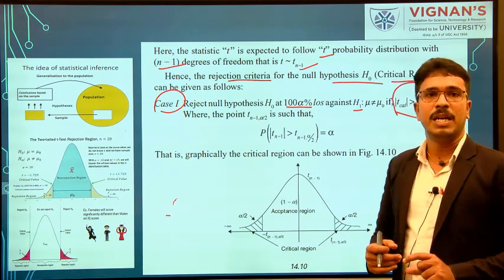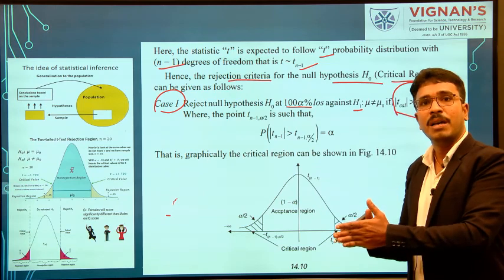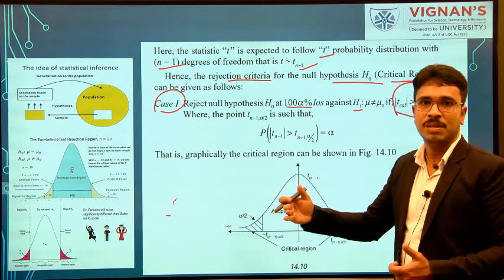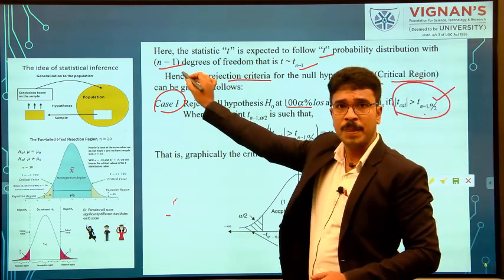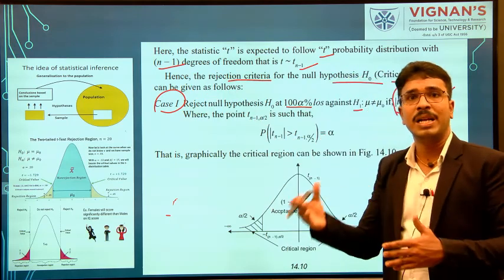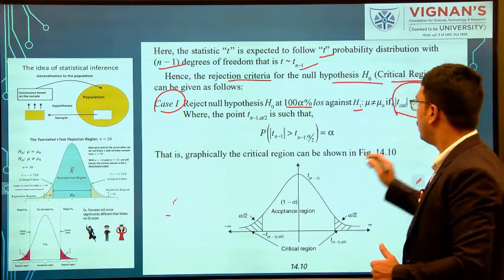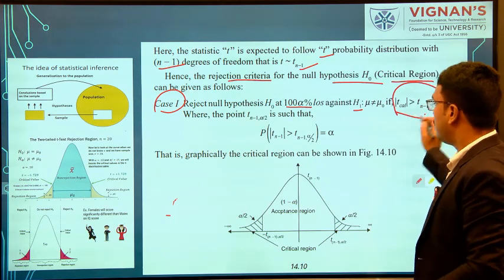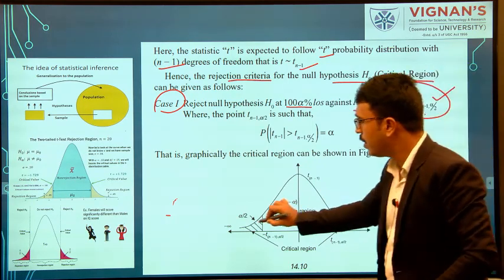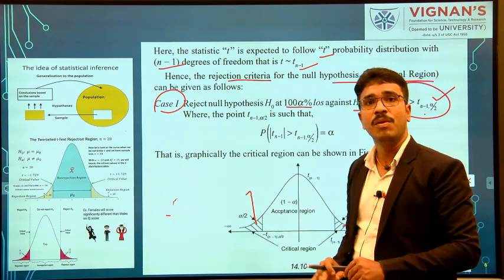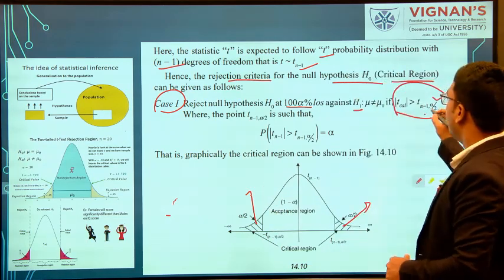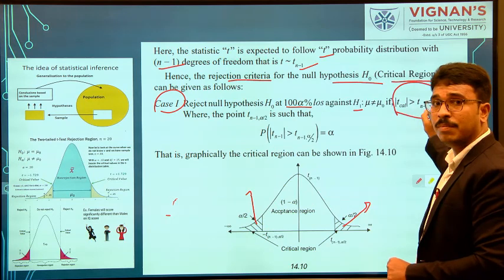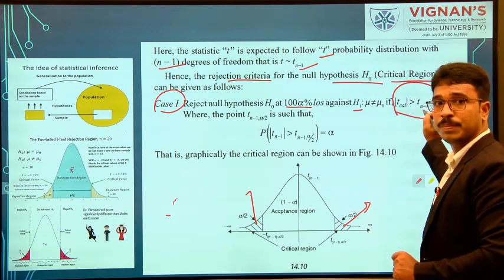After calculating the t statistic, we are going to compare it with the table values, with these degrees of freedom, depending upon what tail it is. Understand? In case of a two-tail test, since we have critical regions on both sides, the degrees of freedom is t_{n-1, alpha by 2}.